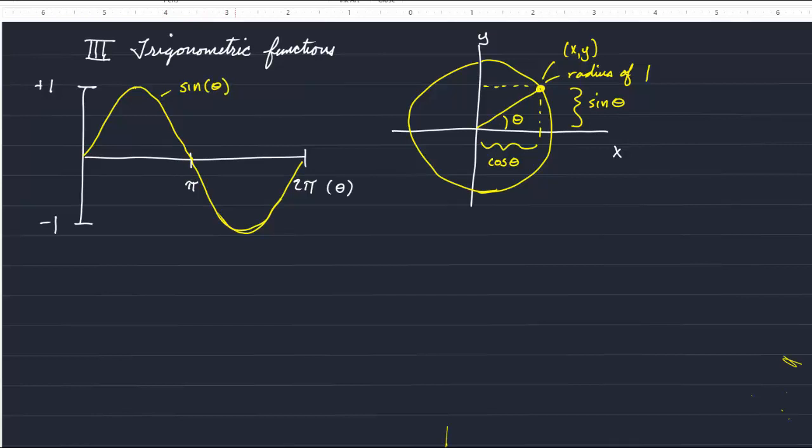And we can do something similar. I'd like you to be able to connect how cosine varies with theta. Again, when theta is 0, cosine is 1, and cosine decreases to 0 when theta goes to 90 degrees, or pi over 2.